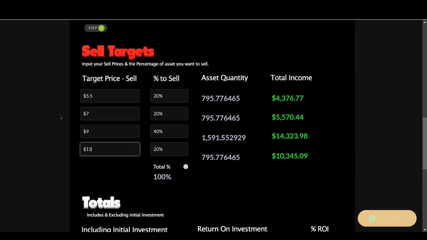So the theory being that if XRP could have hit $13 in the previous bull run of 2021, then potentially it could hit $20 to $30 in the next bull run of 2024, 2025, or whenever that is going to happen. And look, it makes sense.